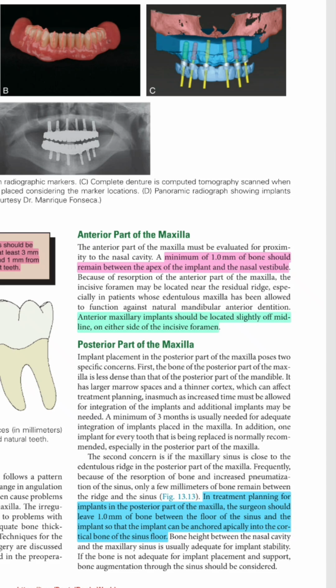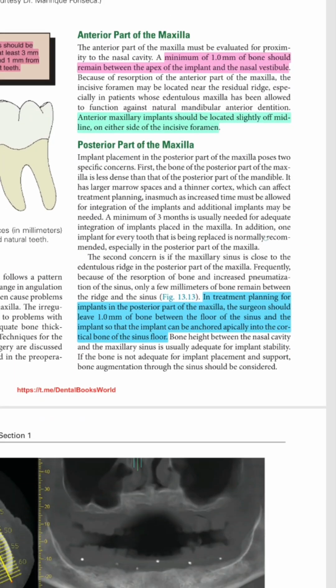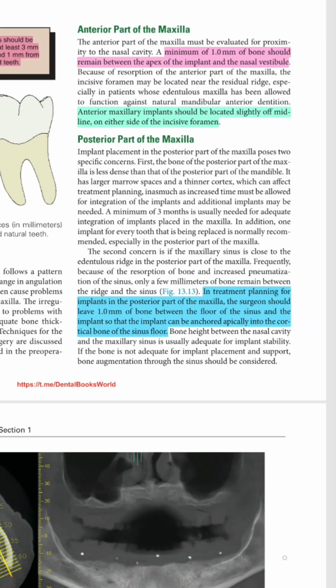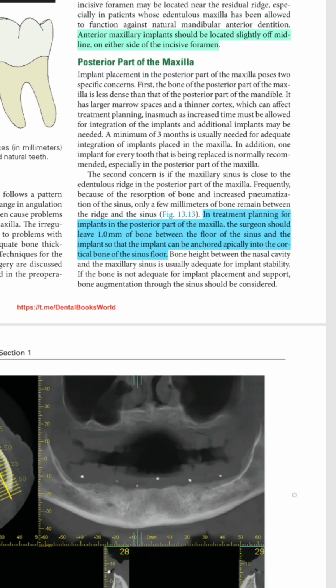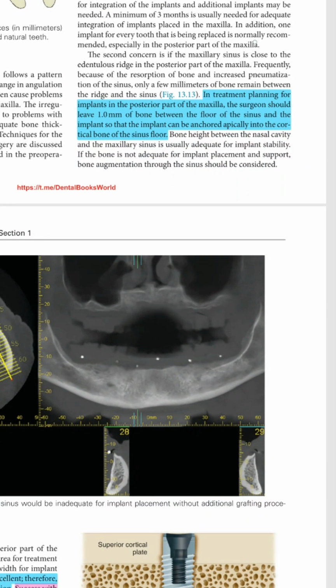Also, we should locate the implant slightly off the midline on either side of the incisive foramen. As for the posterior part of the maxilla, we must leave at least 1 millimeter of bone between the floor of the sinus and the implant, to have bone that will be anchored apically to the implant.